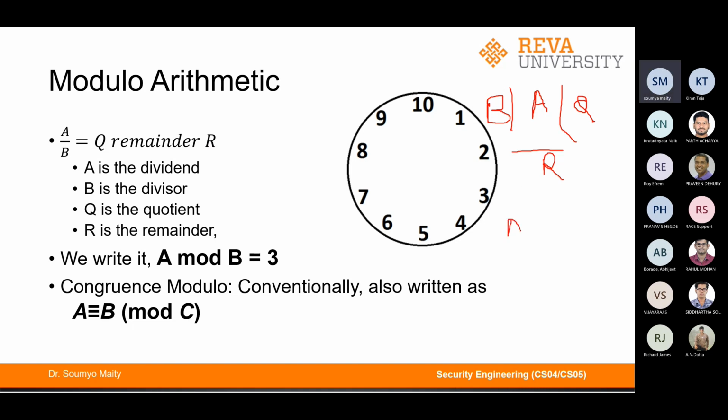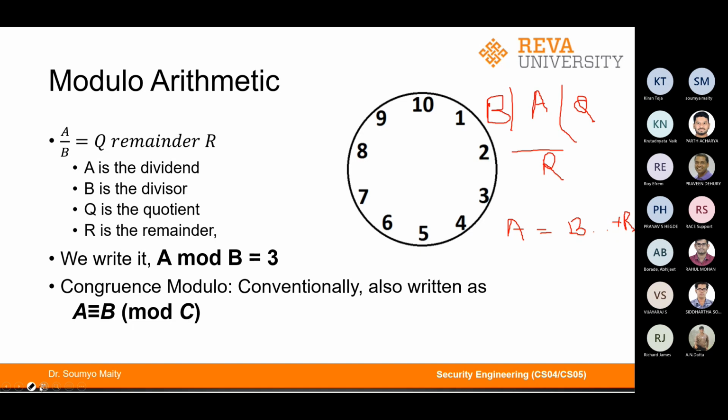This means A equals B into Q plus R, right? Do you remember this formula?